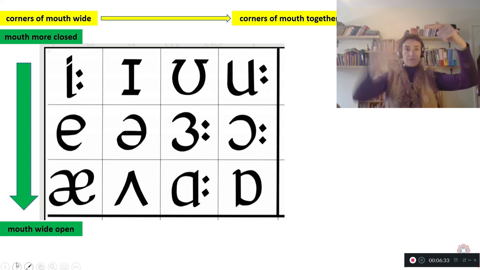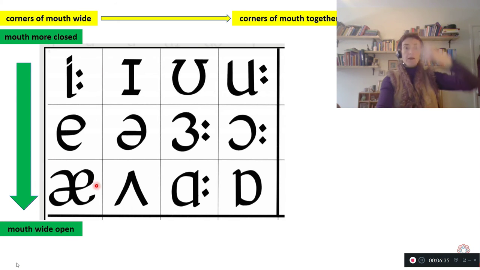Alright, now as you go from the top of the chart to the bottom of the chart in all 4 lines, your mouth goes from being closed to being open. Okay, so again I'm going to start here.